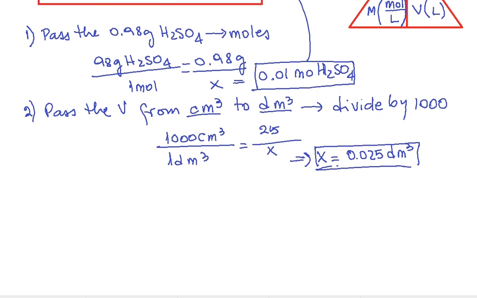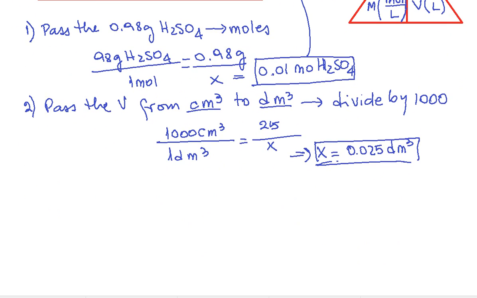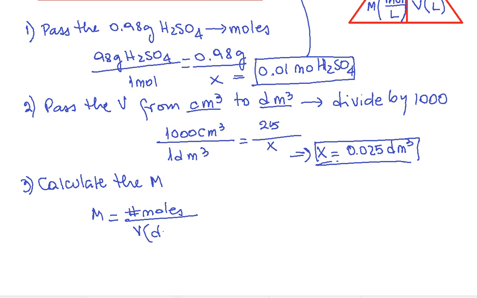Okay, that is the second part that we need for calculating this. Now, what we are going to do is to plug in the numbers in the formula. So the third is calculate the molarity. And molarity is equals to the number of moles divided by the volume in decimeter cube or liters.